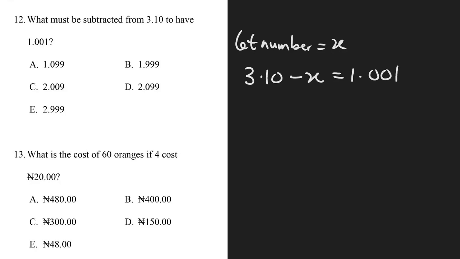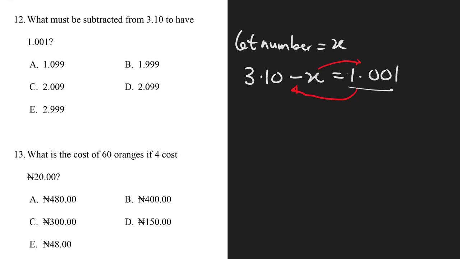If you move the alphabet to this side and the number to the other side, remember that whenever a number or an alphabet crosses an equality sign, the sign will change. If it is plus, it will change to minus, and if it is minus, it will change to plus. This one that has crossed will now change to minus. Why?